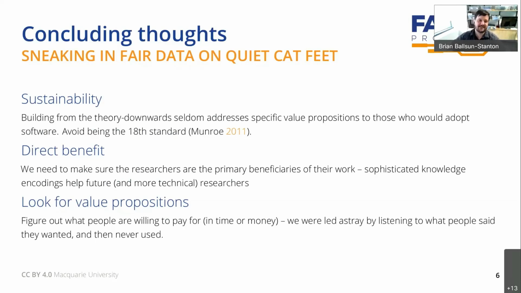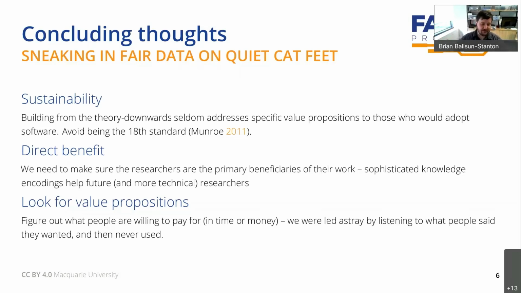This is the XKCD's 18th standard. We don't want to be the 18th standard. We can't enforce it, and researchers don't care about it. We need to make sure that the people who are paying us are the primary beneficiaries of their work. And this is why we're not doing really fancy triples or linked open data to start with, because the primary beneficiaries of these things are repositories and publishers rather than the researchers.